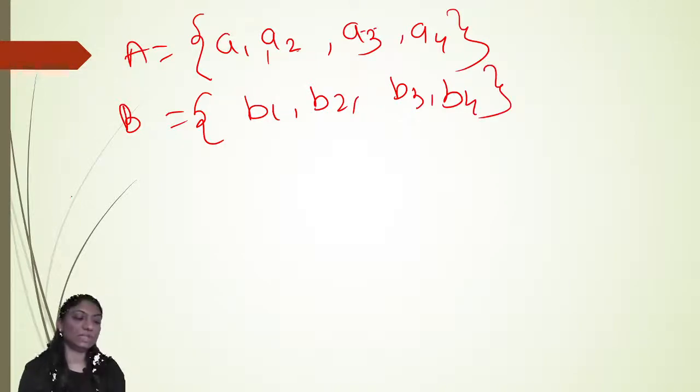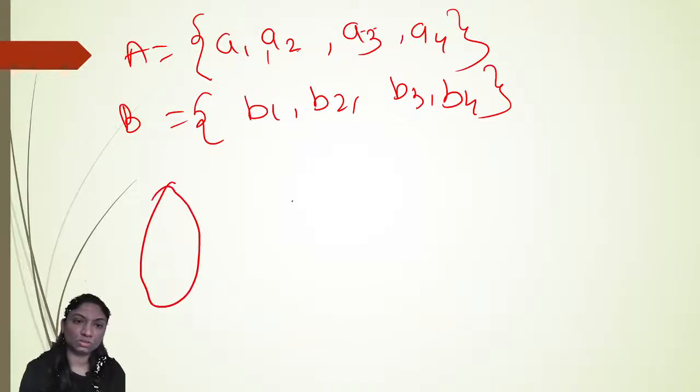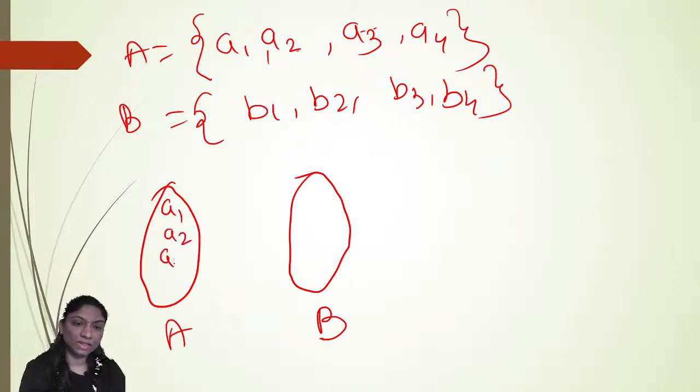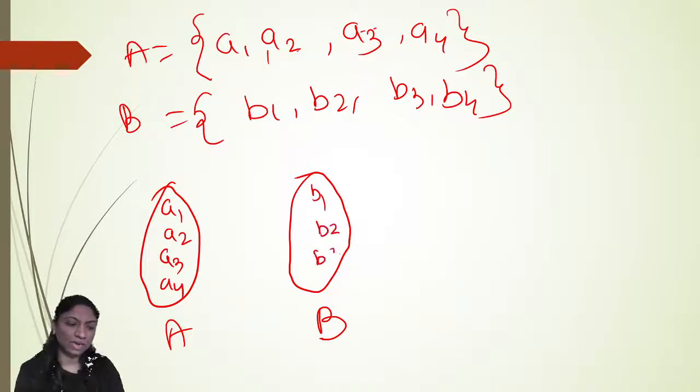Suppose f is defined from A to B. This is A and this is B. A contains a1, a2, a3 and a4 and B contains b1, b2, b3 and b4.